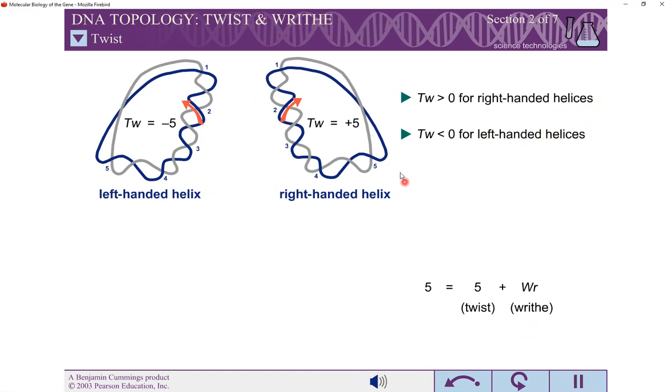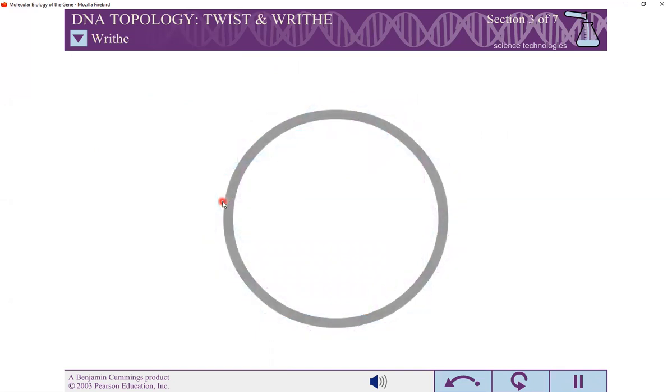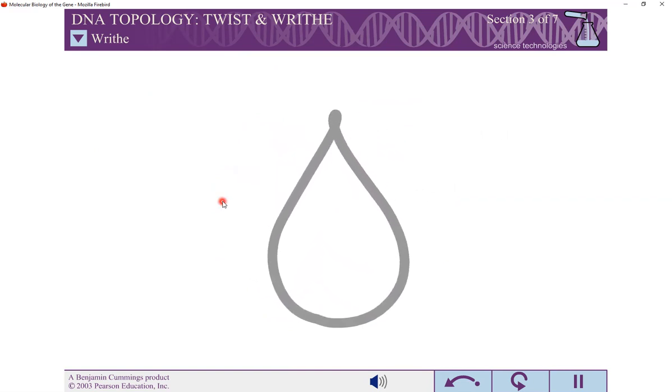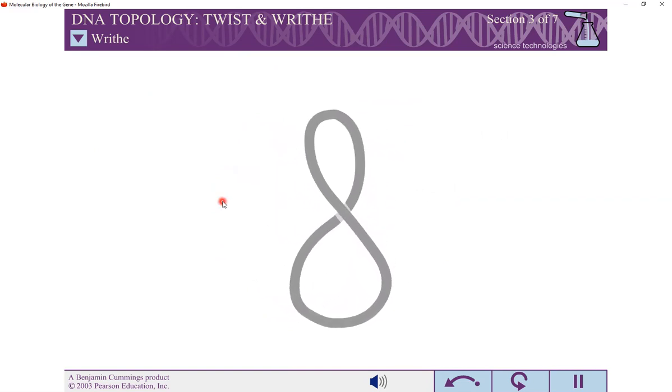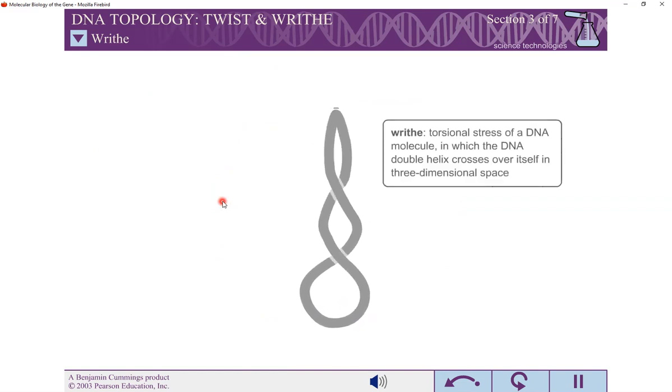Okay, next point. However, cccDNA does not generally lie in a flat plane. Instead, the DNA double helix usually crosses over itself in three-dimensional space, often repeatedly. This torsional distortion is called writhe.